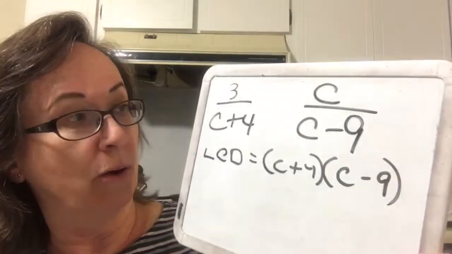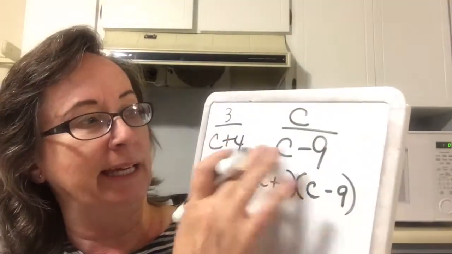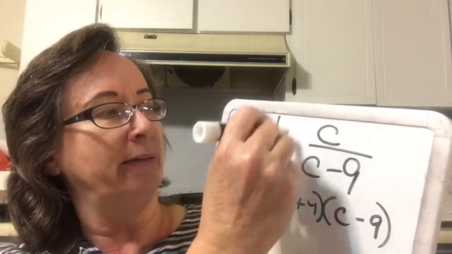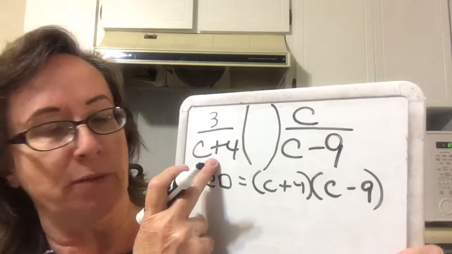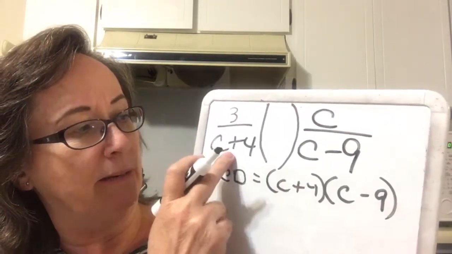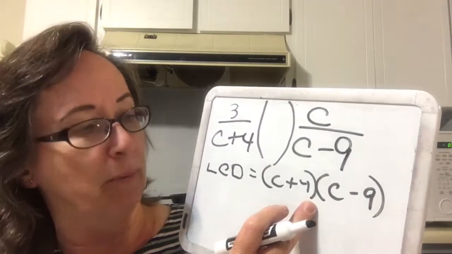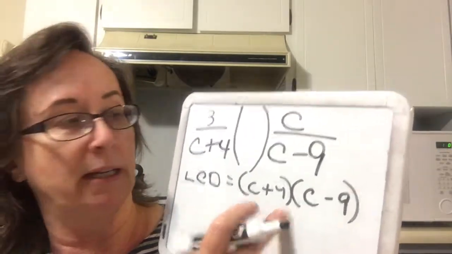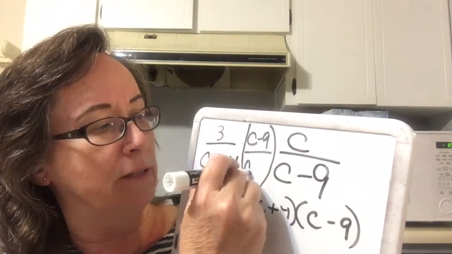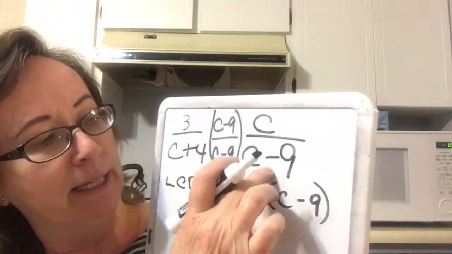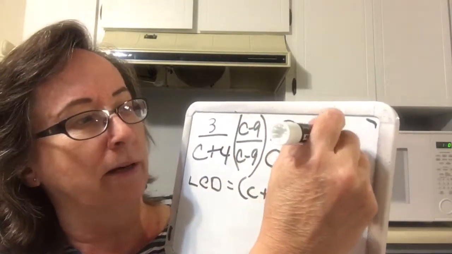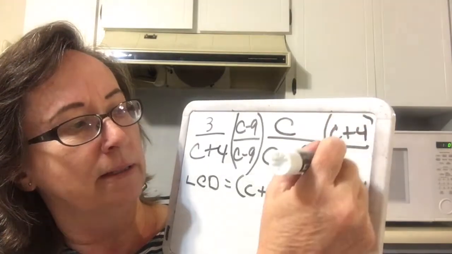When I go to multiply each one of these by 1, the form of 1 that I'm going to use to multiply the first one by is what's missing between the old denominator and the new denominator I'm trying to get to, which is C minus 9. So I will multiply it by 1 in the form of C minus 9 over C minus 9. And over here, I will multiply by 1 in the form of C plus 4 over C plus 4.